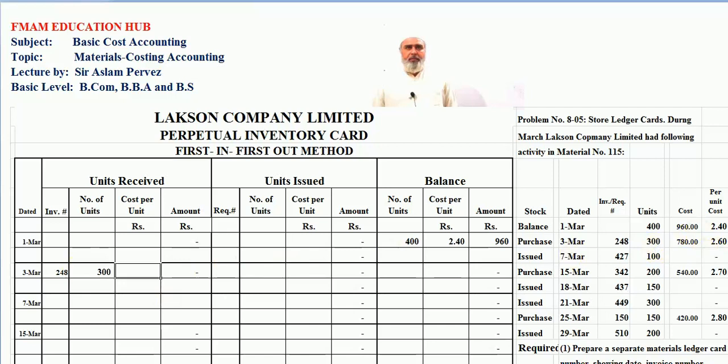The amount is 780 rupees. Now students, we have to record the current inventory and previous inventory again in our balance column. Here 400 units and 2.60 is the per unit cost.